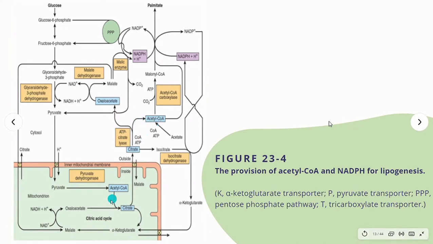That is how it is here. Oxaloacetate and acetyl-CoA form citrate. Once it is outside, split by this enzyme, in the presence of ATP and coenzyme A, then you will have oxaloacetate again and acetyl-CoA.